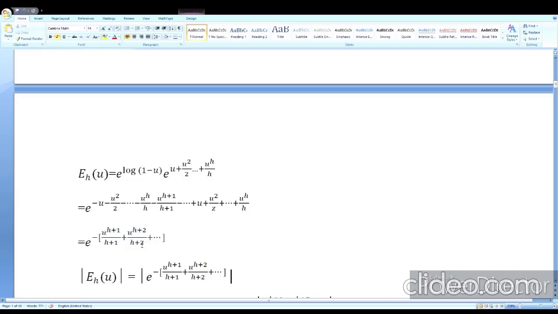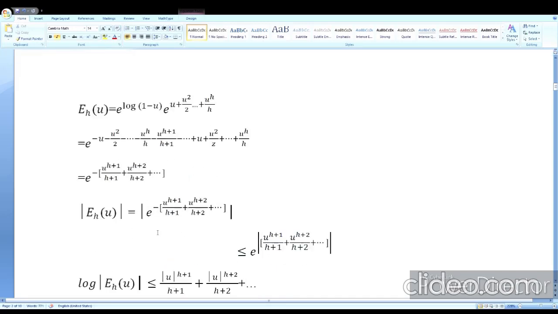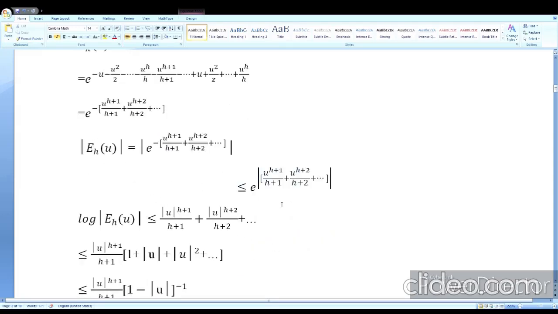Take modulus on both sides. Modulus of Eh(u) is modulus of e^{−(u^{h+1}/(h+1) + u^{h+2}/(h+2) + ...)}. Now when we take the modulus to the power, this becomes less than or equal to e^{|u|^{h+1}/(h+1) + |u|^{h+2}/(h+2) + ...}. Take log on both sides.